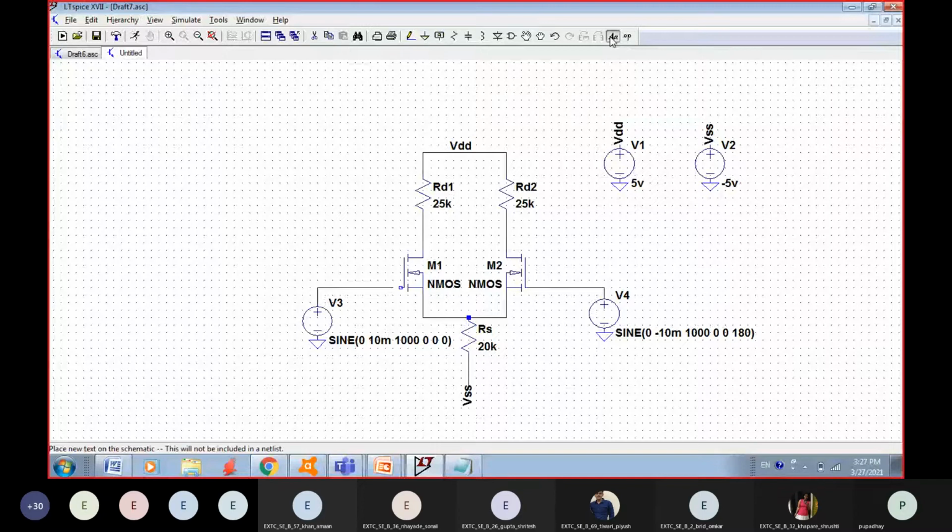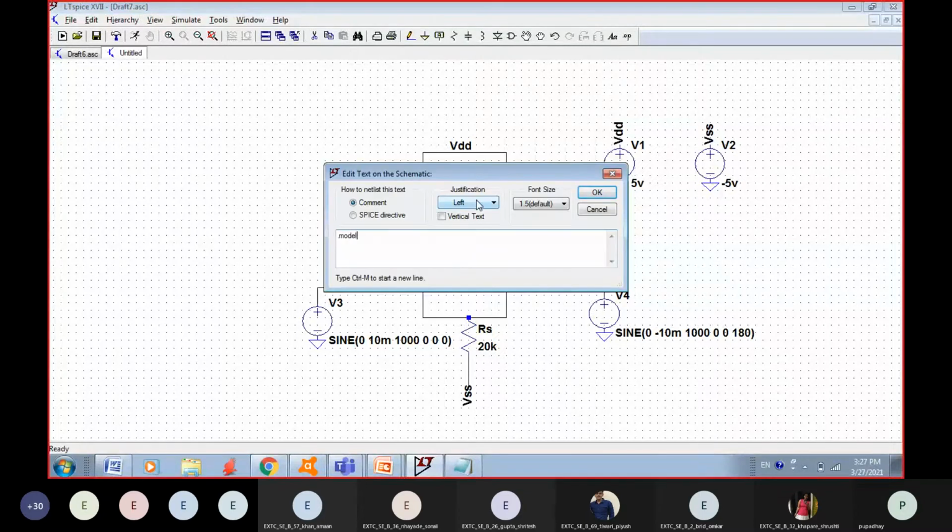So we can give the dot model command, NMOS, where the first is the name, second is the keyword. Okay, and after that you can give the VTO equal to 1 volt, and then KP. The KP value you can give 100 micro. Okay, so VTO and KP, that would be enough.